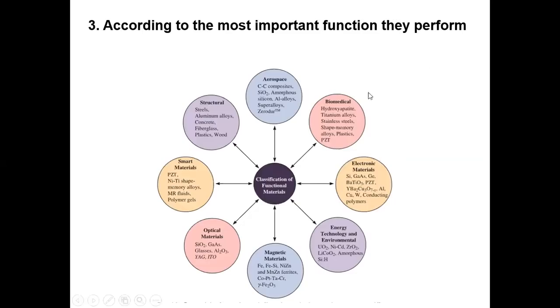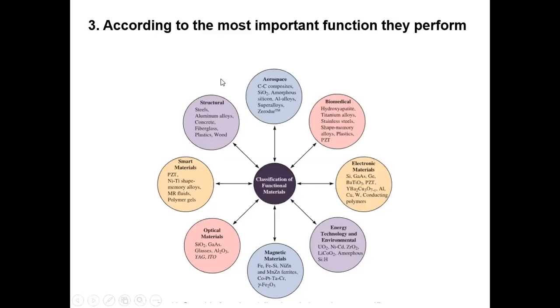For example, earlier we said metals, non-metals, like that. But here we consider the function of the material. For example, structural materials, optical materials, biomedical materials, right? If it is a structural material, we can combine steels, aluminum alloys, concrete, fiberglass, plastic, wood into one group.